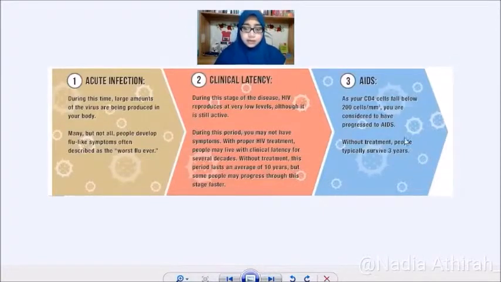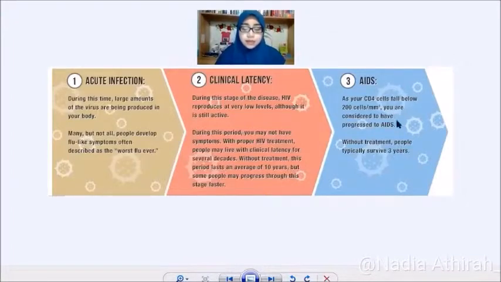During this stage, HIV has severely damaged the immune system, so the body cannot fight off opportunistic pathogens, for example opportunistic infections like those related to cancer. During this time, the opportunistic pathogens start to attack and damage the cells in the body.